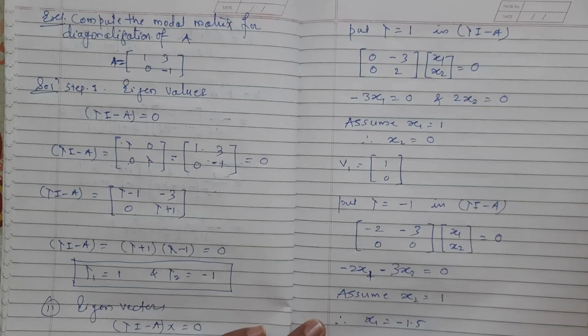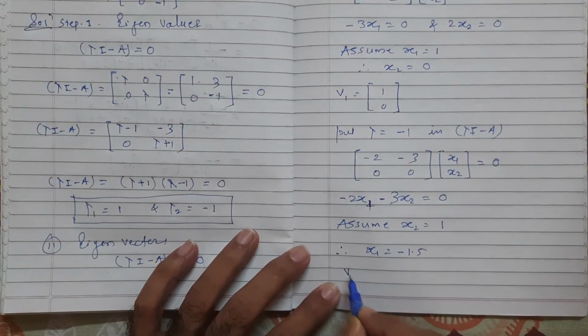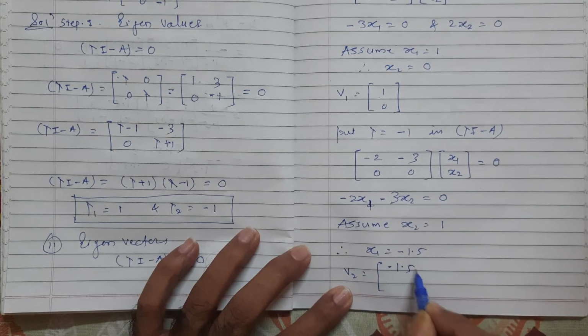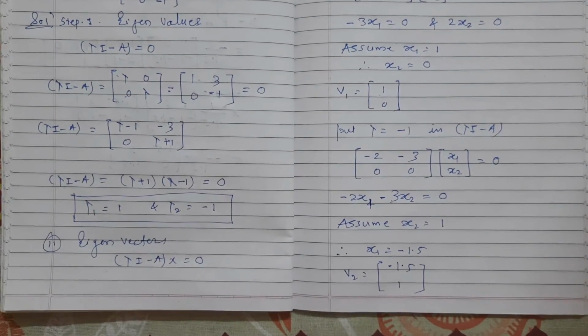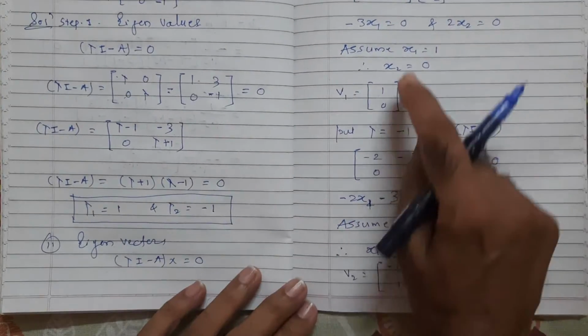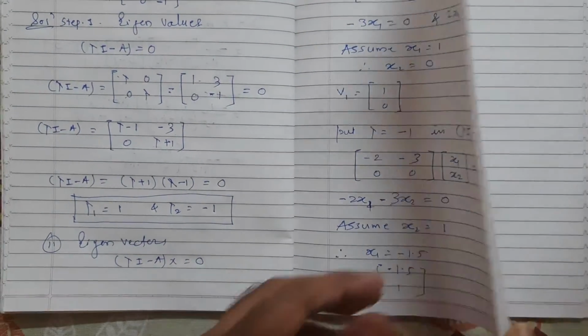So we have v2 equal to [-1.5; 1]. So this is my other eigenvector. First is [1; 0] and second is [-1.5; 1].